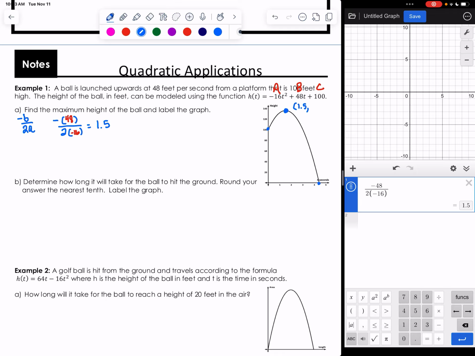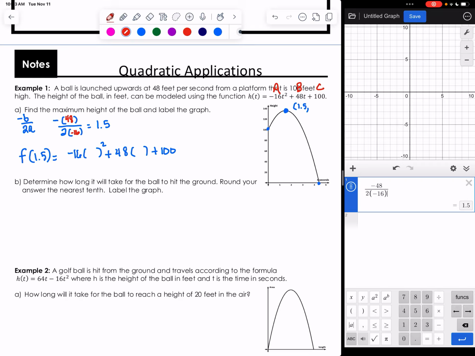To get the actual maximum, though, you're going to have to evaluate this function for the value f of 1.5. So, going to write our function, and I'm going to replace all the variables with parentheses. So negative 16 parentheses squared plus 48 parenthesis plus 100.